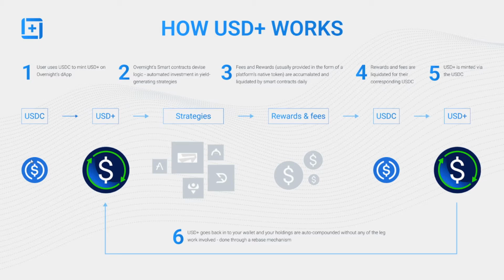Therefore, we are using USDC in order to buy USD Plus. That USDC is placed into different strategies in order to generate some rewards as well as collect fees, which Overnight Finance then converts back into USDC and then mints new USD Plus. That is your basic understanding of how USD Plus works in a nutshell.